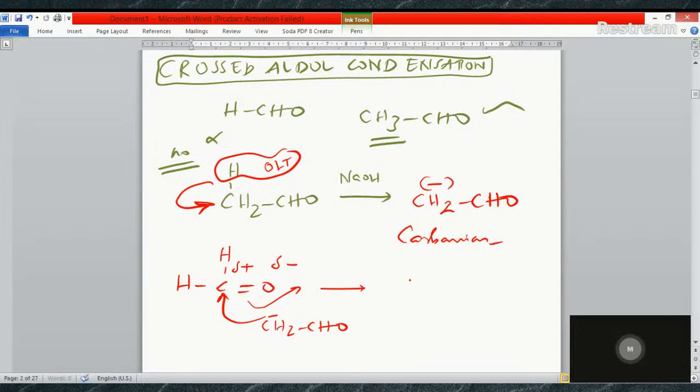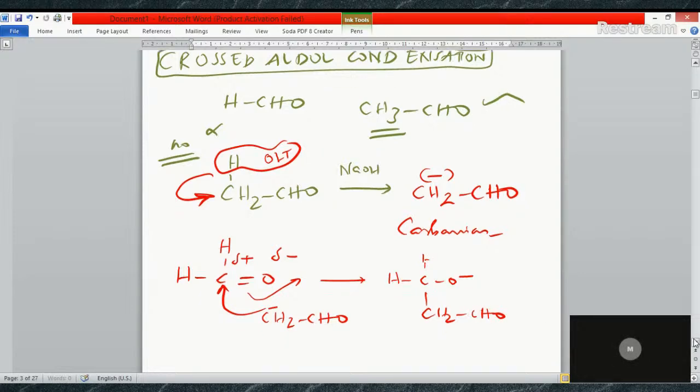Nucleophilic attack, and the bond is opened, so that we can have a substance as follows: O minus and CH2CHO. The compound so far obtained can be protonated by using the water.